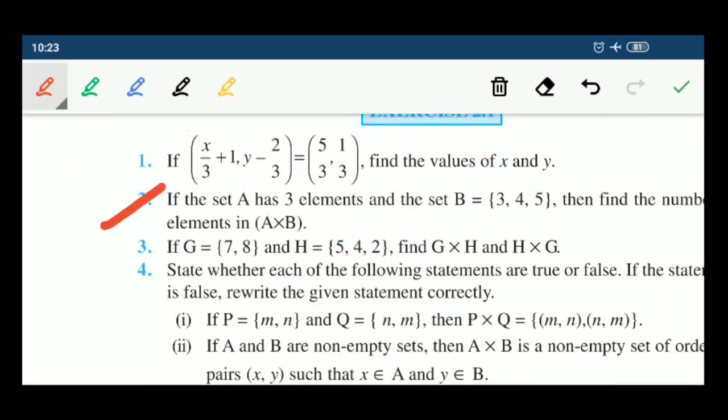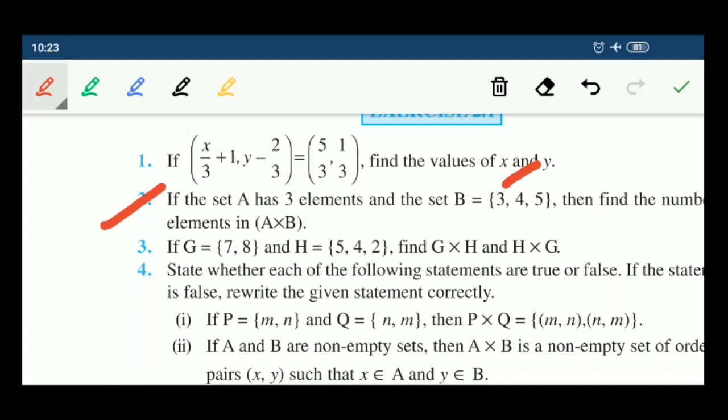Now students, see the second question. In this question they have given that set A has 3 elements and set B also has 3 elements. What is our question?